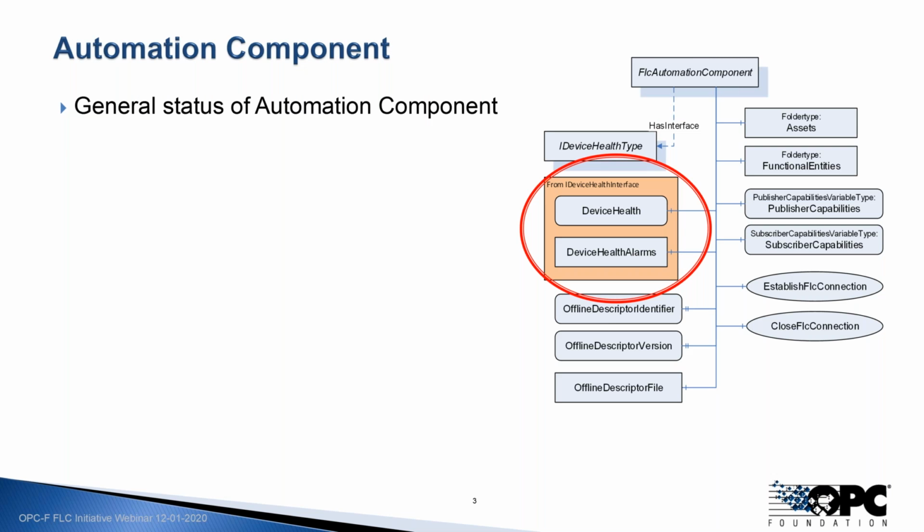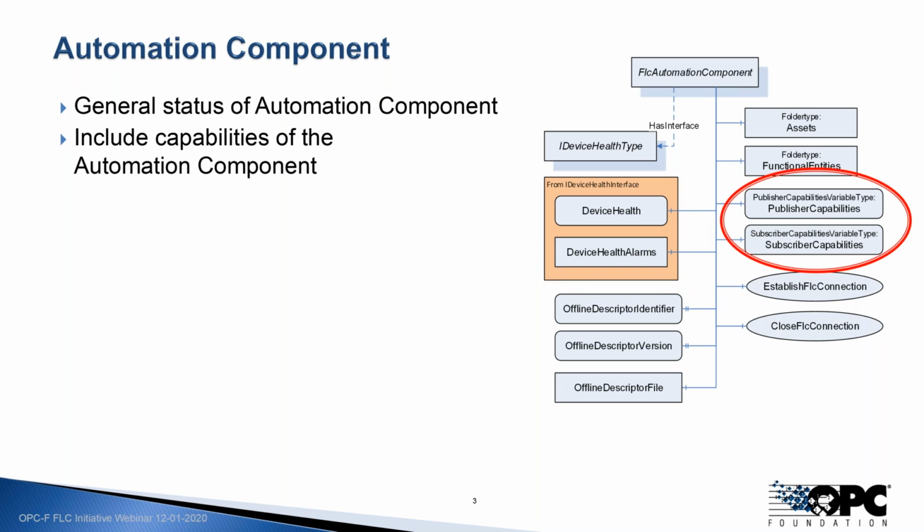So the first piece we have in it is overall health information for the device. This is based on what the eye describes, so it's a standard place to represent the device health of the automation component. The next piece we have is we've added some capabilities to the automation component that describes the communication capabilities this automation component supports or can do.